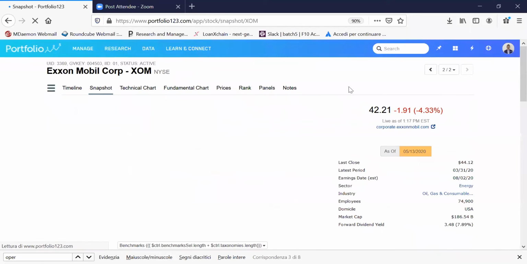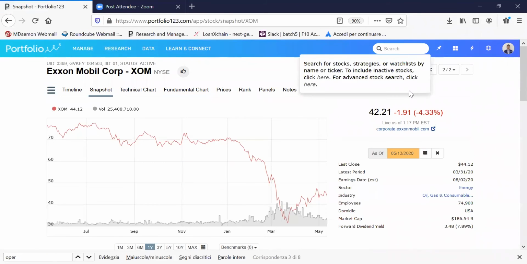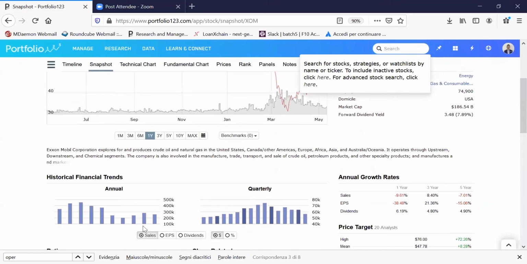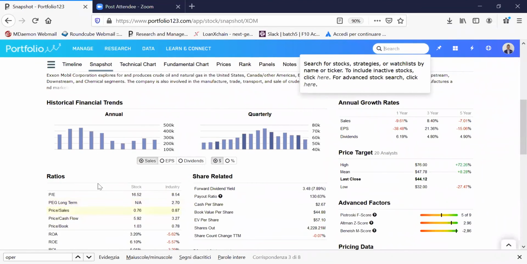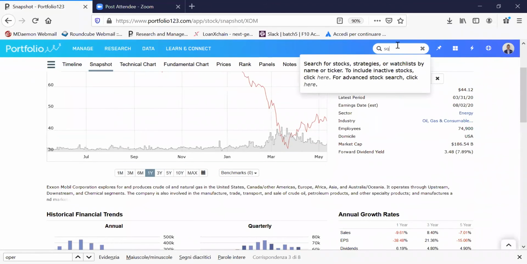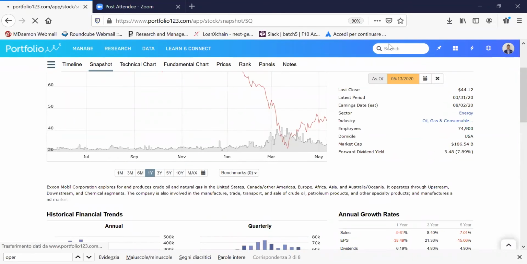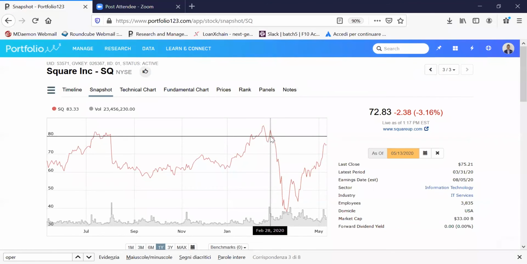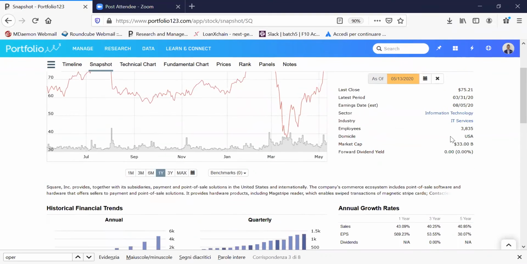So let's go back to Snapshot and take a look at valuation for companies that still don't have a bottom line, companies that don't have any earnings. So we are looking at Square, which is a company in the IT services sector.